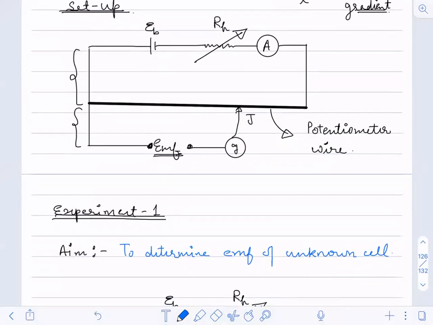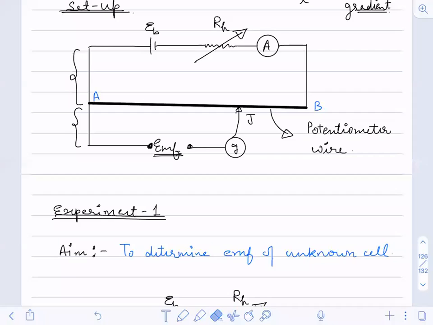Then we have a variable resistor, then a meter connected to it, and then a potentiometer wire. This wire AB is the potentiometer wire. This bold black line represents the potentiometer wire.